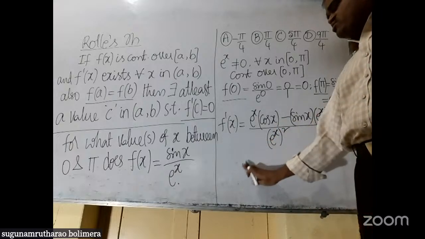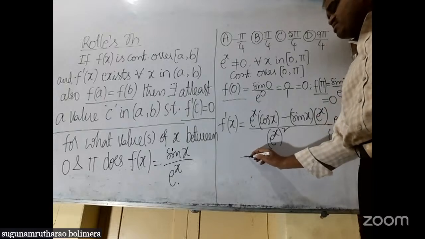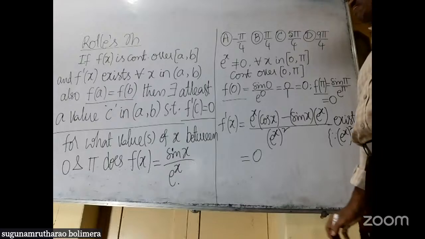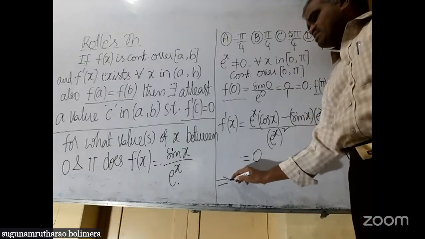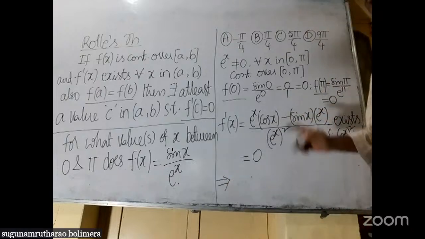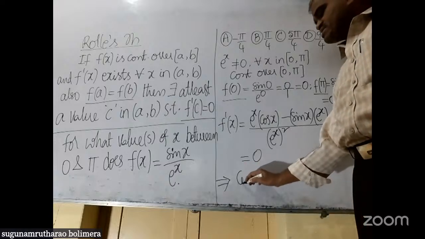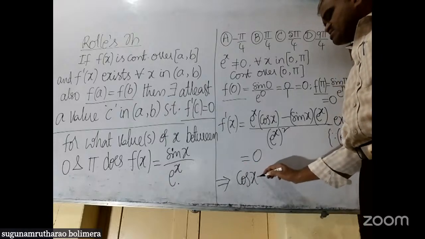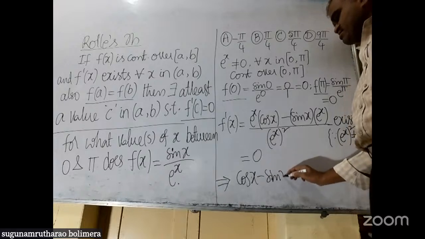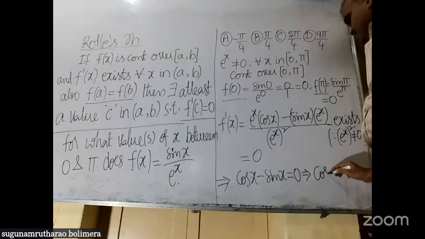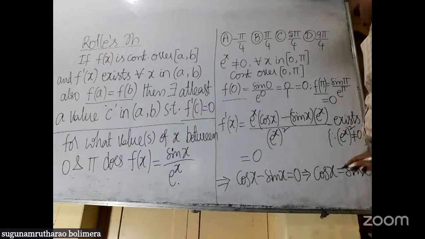So this is equal to 0. The denominator is not at all 0, so the numerator must be 0. e power x is not 0, so you can say cos x minus sin x equals 0. This implies cos x equals sin x.